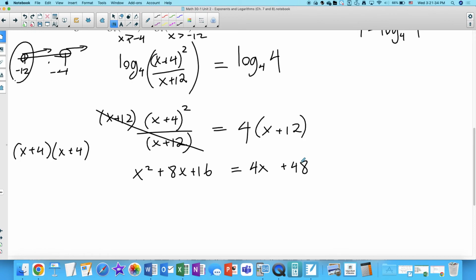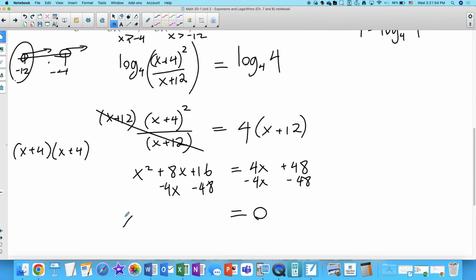All right, now what? Yep. Subtract 4x and 48 from both sides. And the right side's 0, and then the left side is x squared plus 4x, and then minus 32.